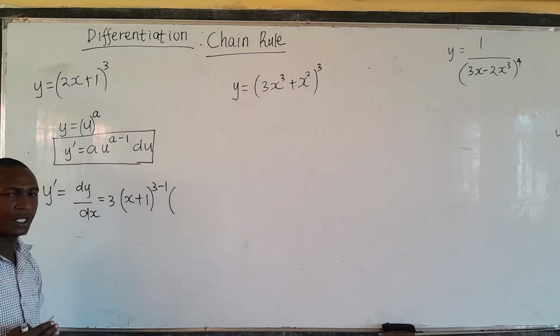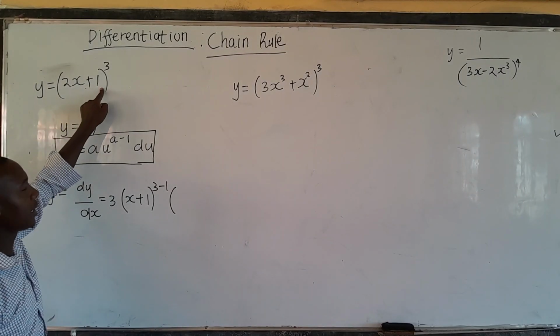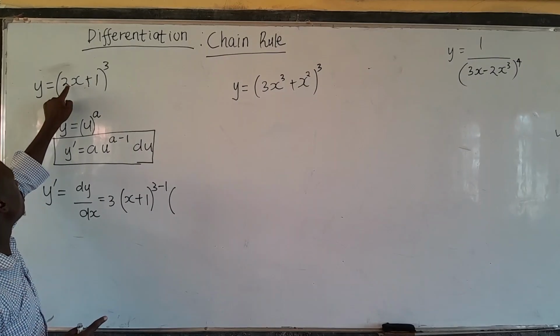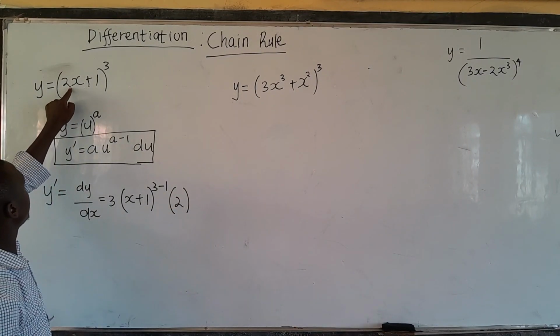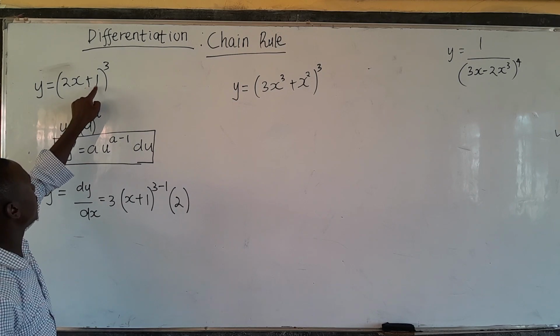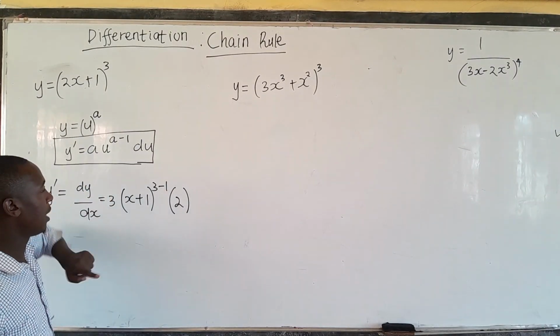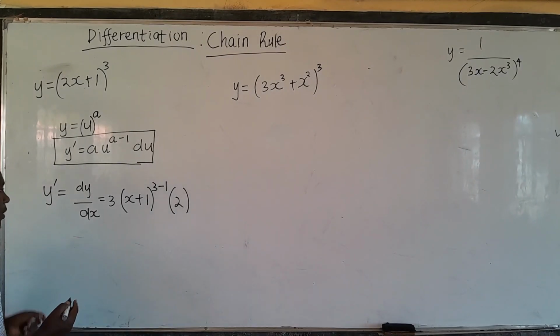And of course, if you notice, 2x plus 1, the derivative is going to be 2, because the derivative of 2x is 2, and the derivative of a constant is always 0, and therefore you're going to have 2. So let us simplify this.